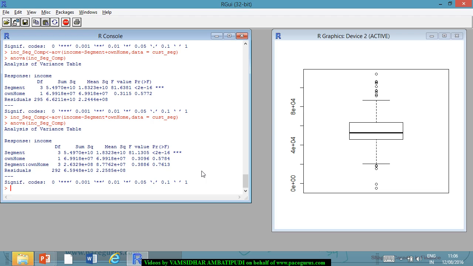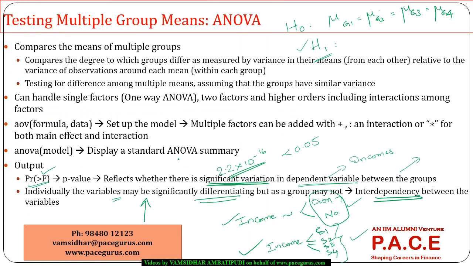So I can say that the income is varying significantly across the different segments, but not influenced by owning a home or a combination effect of the two. So that's how we make our conclusions based on ANOVA.